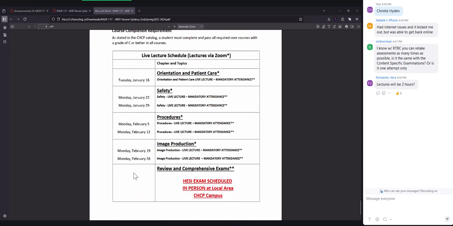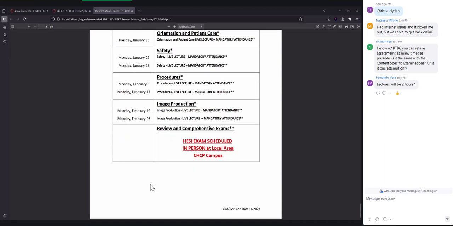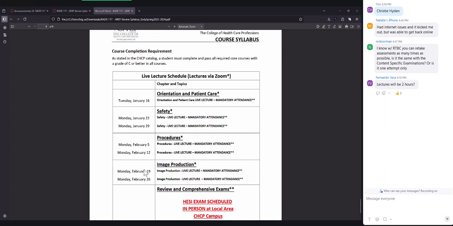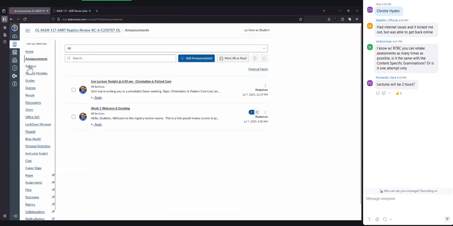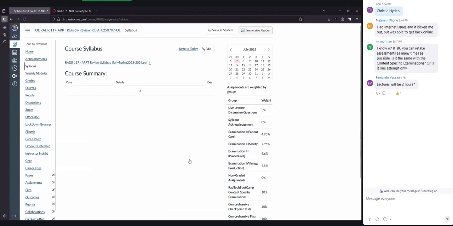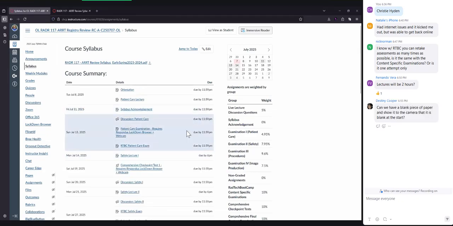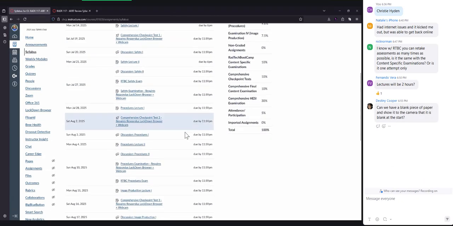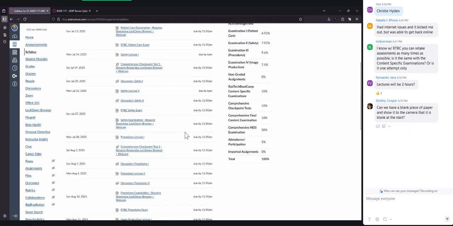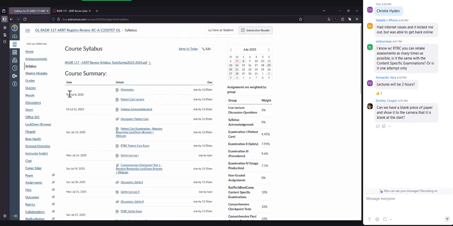I don't know how they always manage to put an old calendar in here, but they do. So the current calendar, again, is under the syllabus page on Canvas. These are all links here.